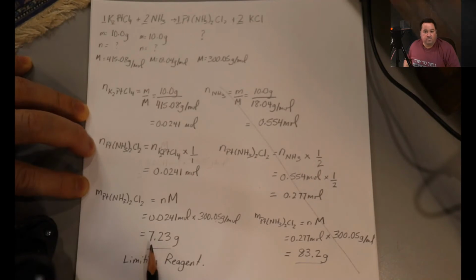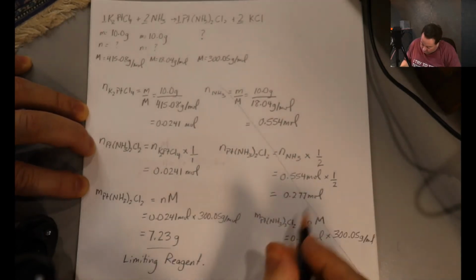This is the one we run out of first and the one that limits the reaction. We have enough of the second reactant to make 83.2 grams, but of course we don't have enough of the first reactant to do that. So this is in excess.